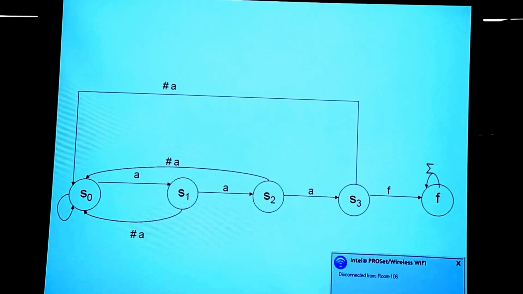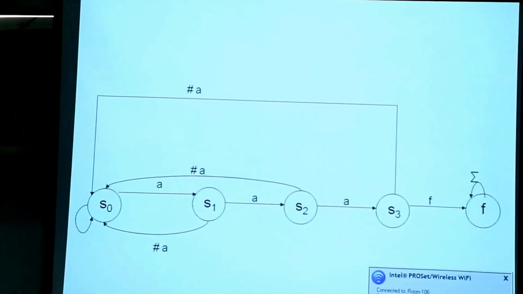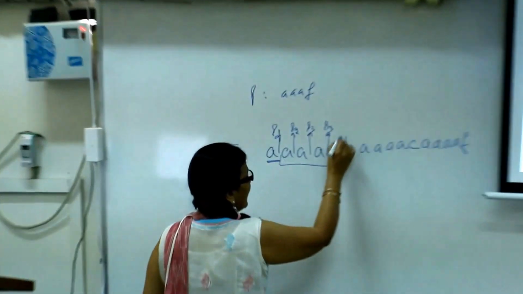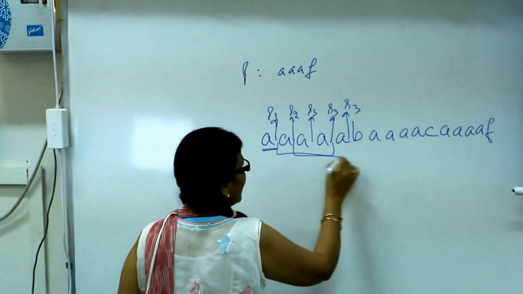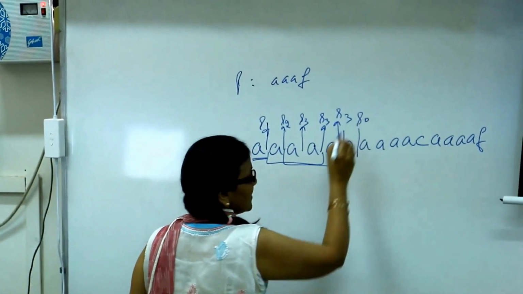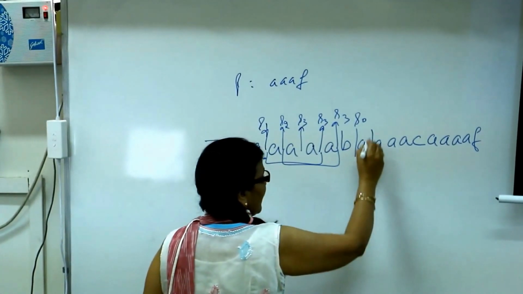So when I see an A, I go to S1, then S2, then S3, and here I stay in S3. Now I see a B, so I go to S0 and start all over again.